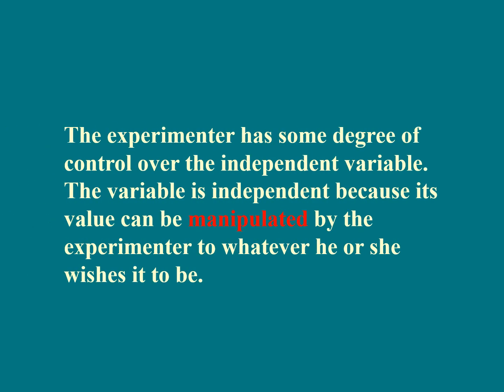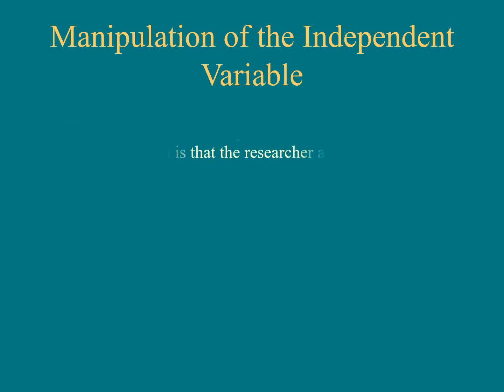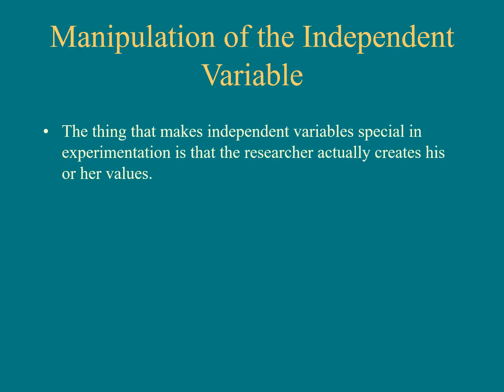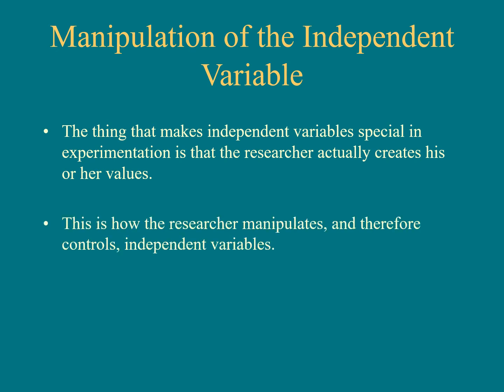The experimenter has some degree of control over the independent variable. The variable is independent because its value can be manipulated by the experimenter to whatever he or she wishes it to be. Manipulation of independent variables. The thing that makes independent variables special in experimentation is that the researcher actually creates his or her values.